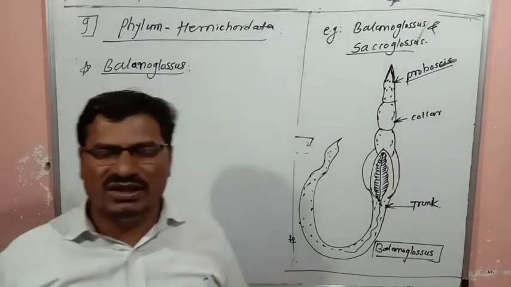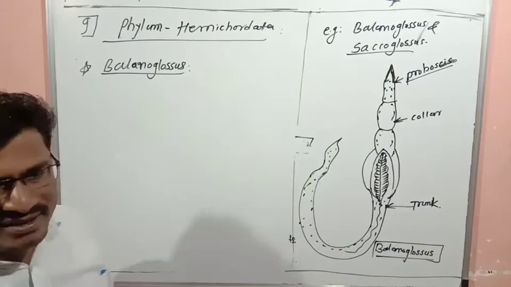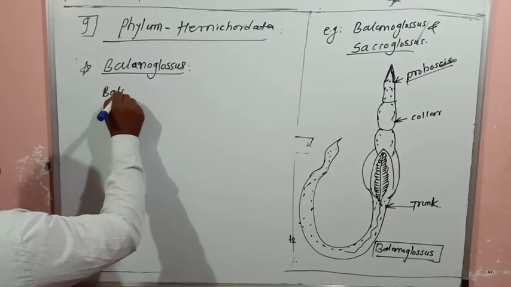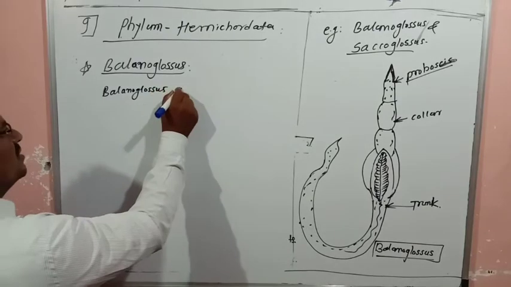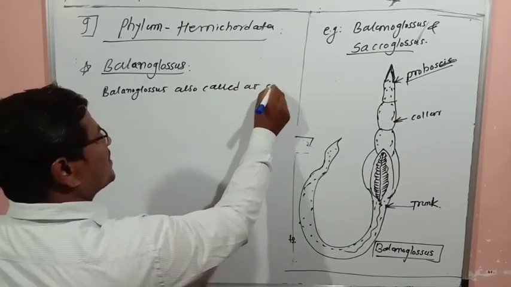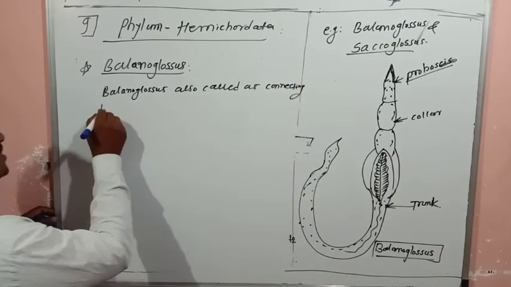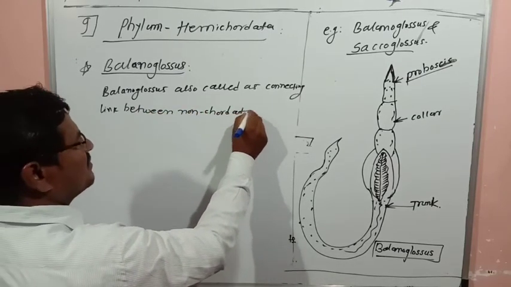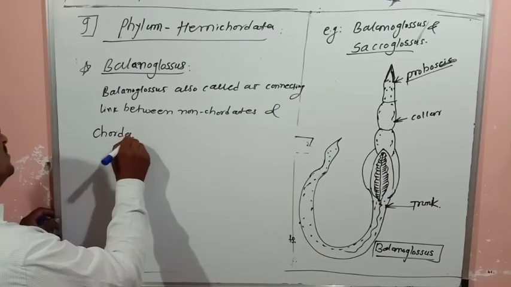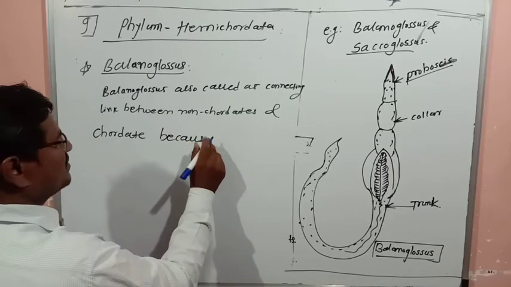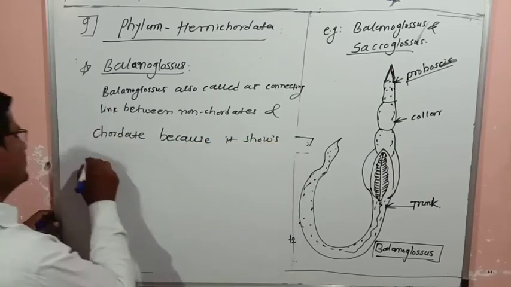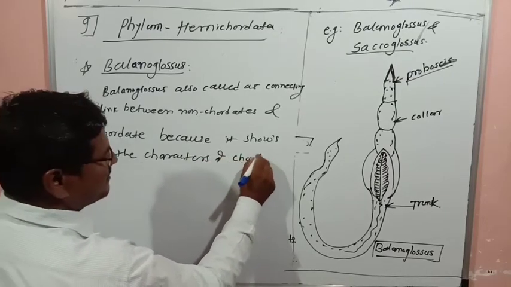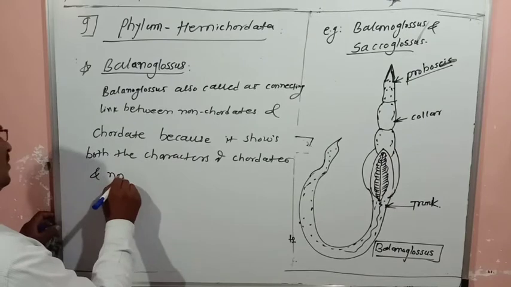It is considered a connecting link between non-chordates and chordates because it shows both the characters of chordates and non-chordates.